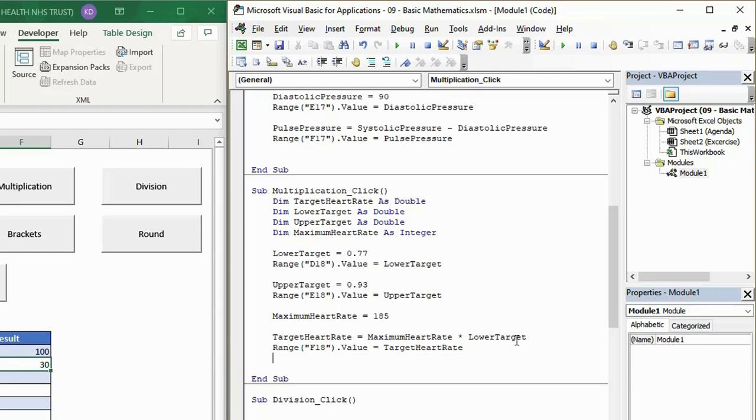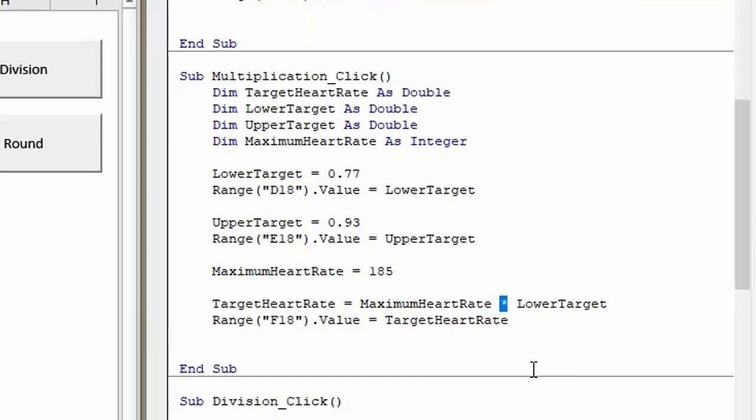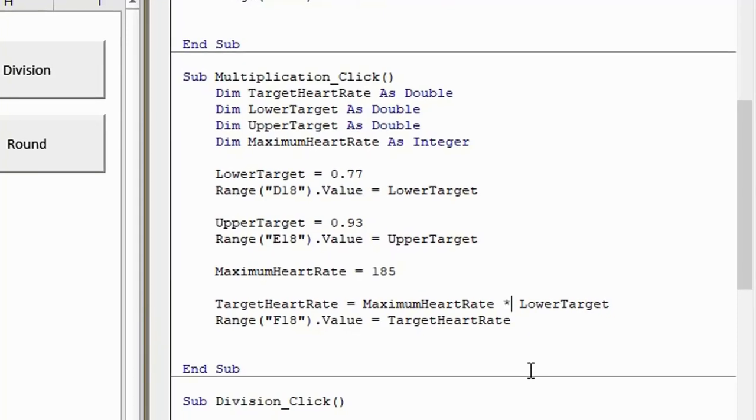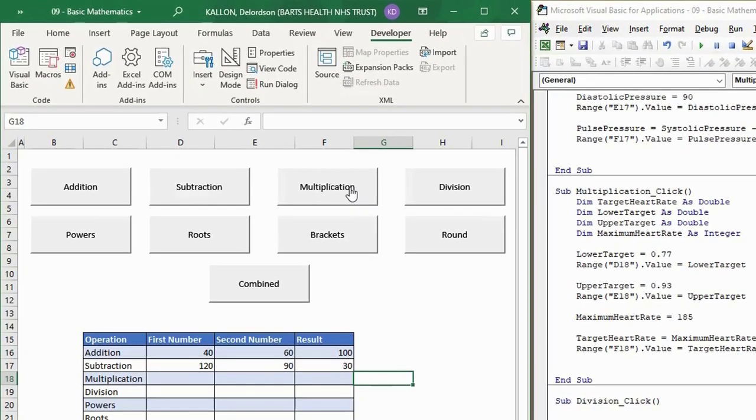So to calculate the target heart rate for the lower heart rate, I multiply maximum heart rate by lower target. Notice that I'm using the asterisk symbol as my multiplication symbol and not X. Let's run this code and see what we get. So my lower target heart rate is 142.45.